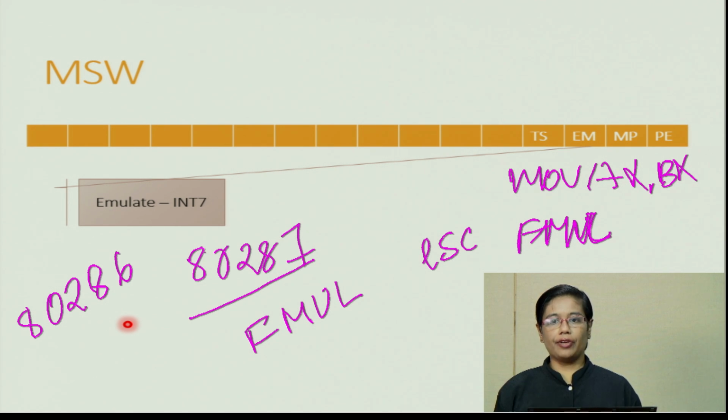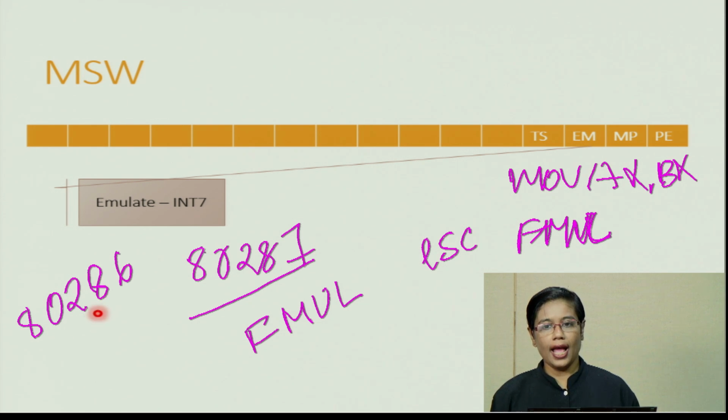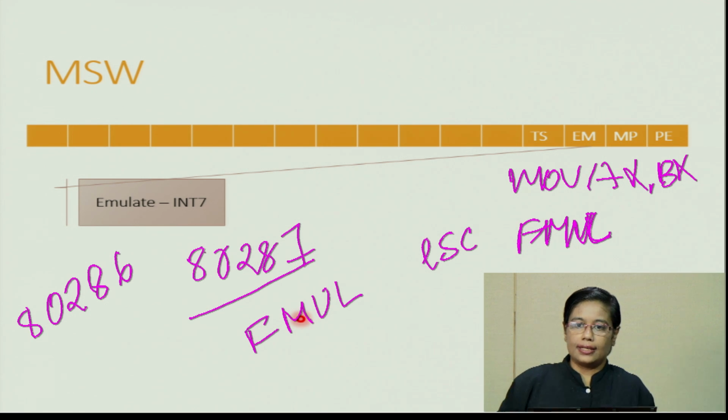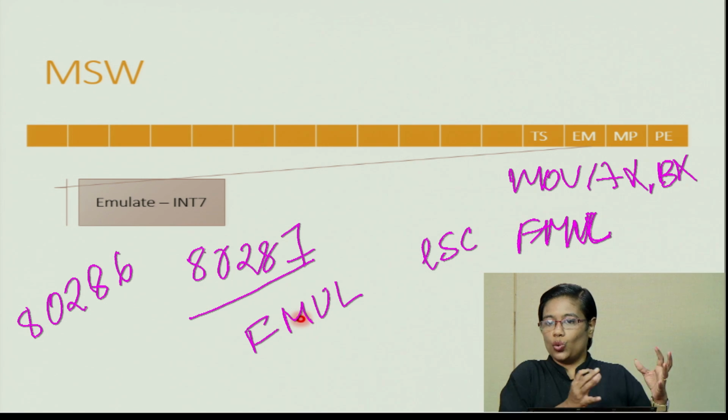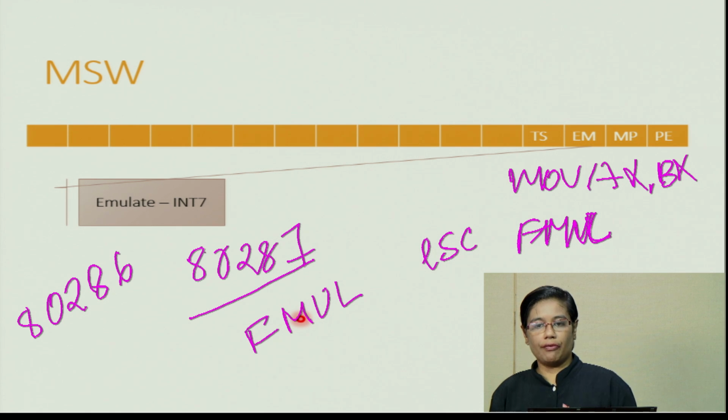An escape prefix means that the 80286 would treat this instruction as a no operation, and the 80287 will execute the FMUL instruction. It doesn't mean there is a separate memory area for the 80286 and a separate one for the 80287. It is the same memory area.